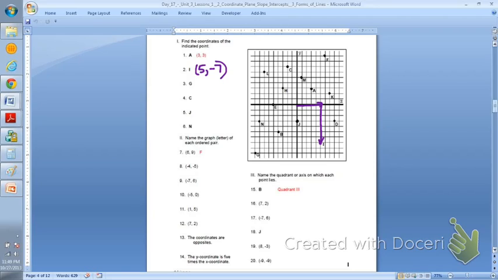If you have negative 7, 5, then you forgot that you need to count from your origin on your x-axis first, and then up or down next. So if you've done that, go ahead and push pause and double check all your other answers to make sure you counted in the right direction first. You're always starting from the origin. If you didn't know that this was the origin, they had a y up here and an x here to let you know that this is the x and y axis.